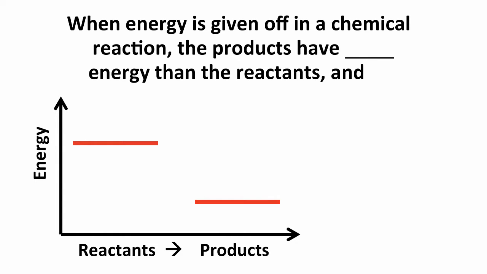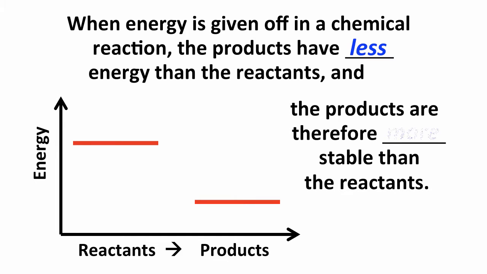This particular energy diagram for a reaction represents a case where energy is given off in a chemical reaction. The products have less energy than the reactants. They're lower in energy on the diagram. Since the products have less energy than the reactants, they are more stable than the reactants.